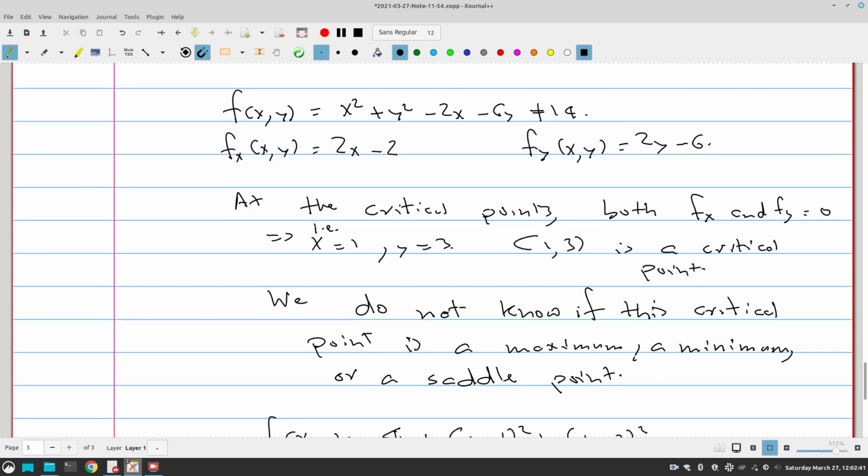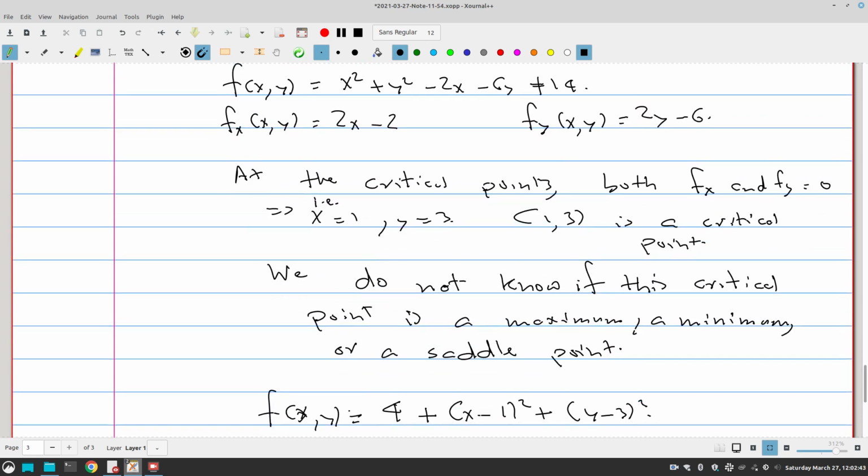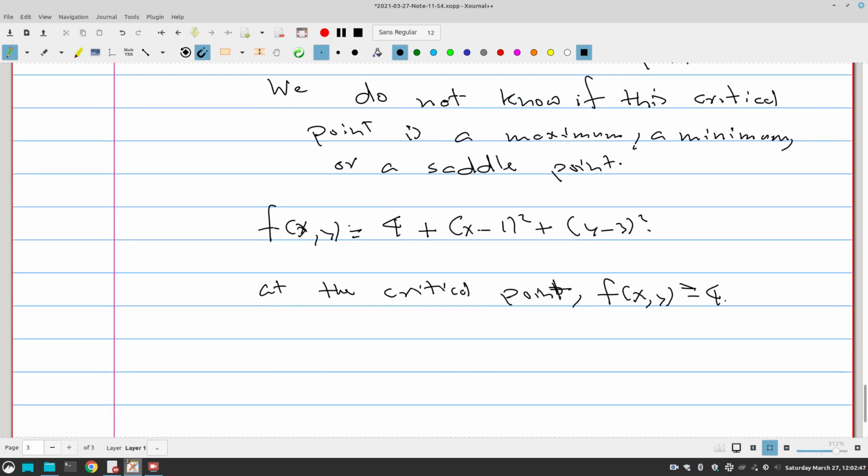Now notice something here. f of xy equals 4 at the critical point and f of xy is greater than or equal to 4 in general. Why?